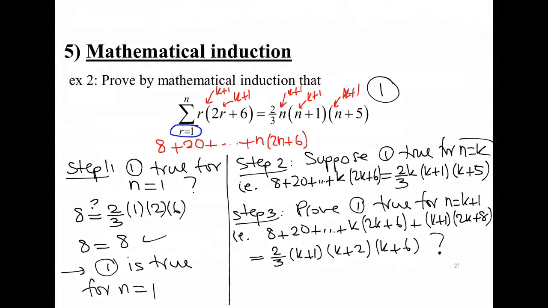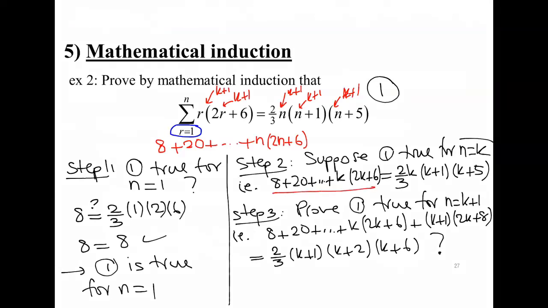So this is the statement I want to prove true. If we look at the left-hand side, what I'm going to start with, if you look at those terms, those are basically the sum that I assumed equal to the statement I needed in step 2.